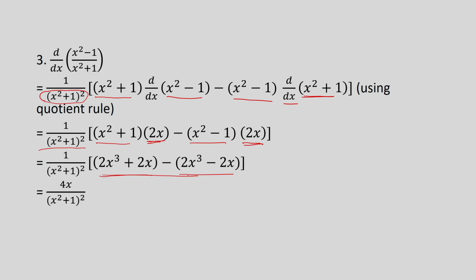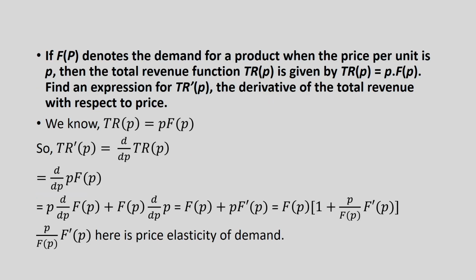And if I simplify the numerator, I am going to get 4x, because this and this will get cancelled. So, the answer is 4x divided by x square plus 1 whole square. This is the answer.